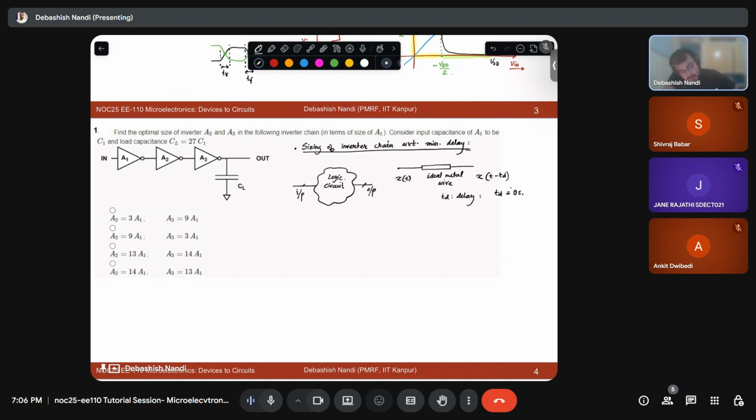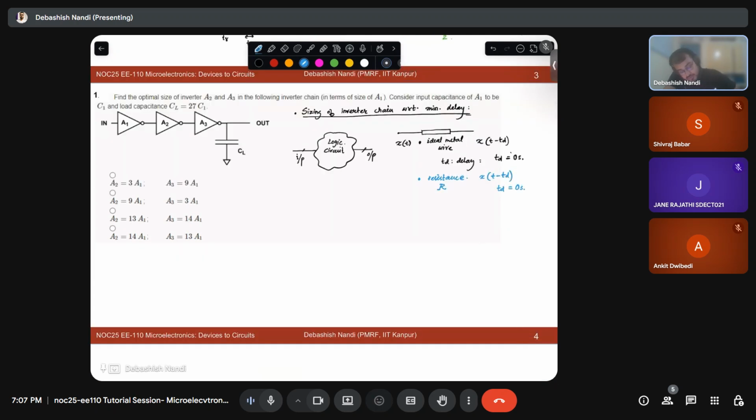And what about if this wire is a resistance, with a value of R, let's say? What will be this td? It will still be 0.